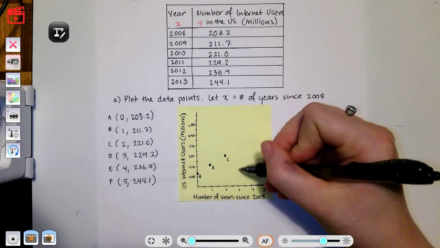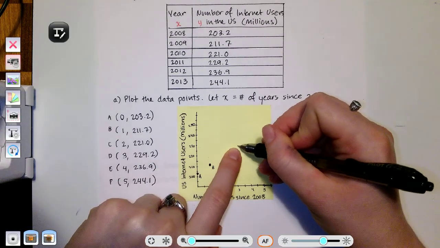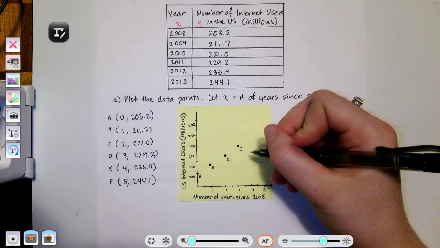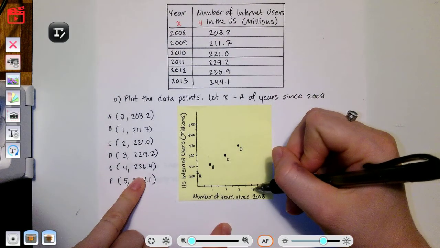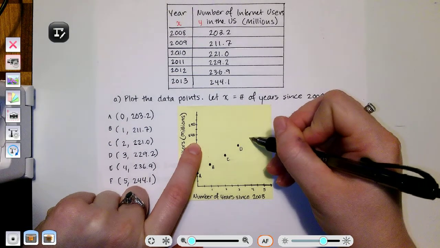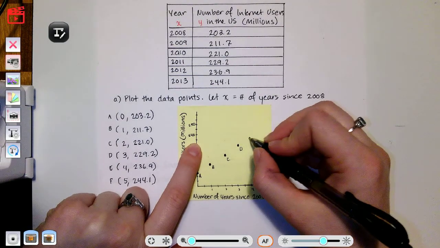So matching up with that, it's about 230. And that, we called D. And let's see, 236. A little past that point. So let's graph it about there. Really eyeballing this graph.